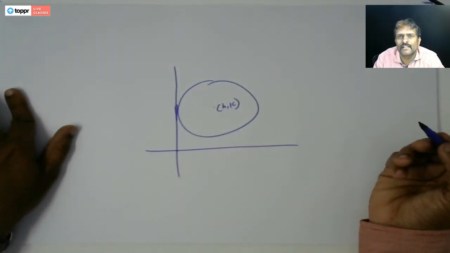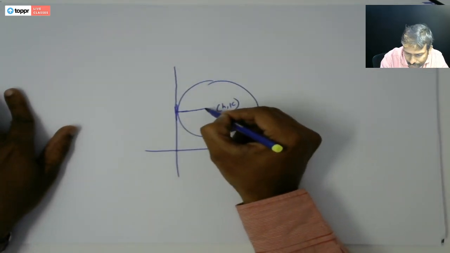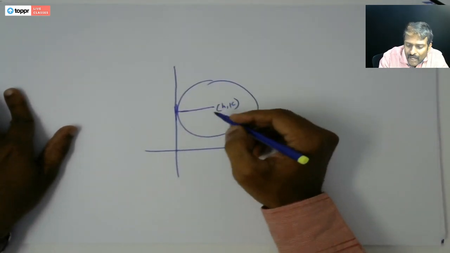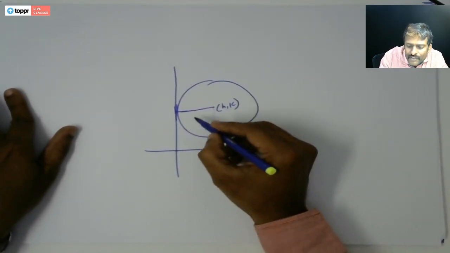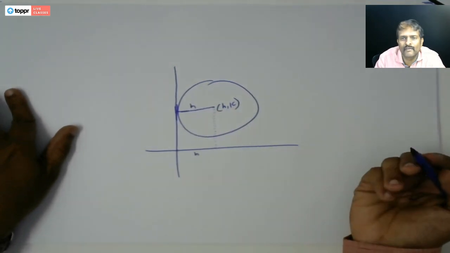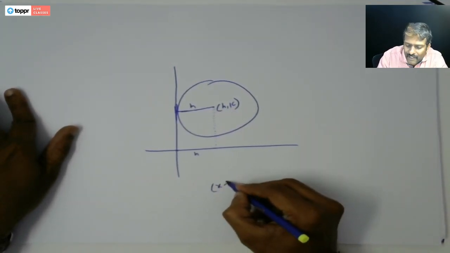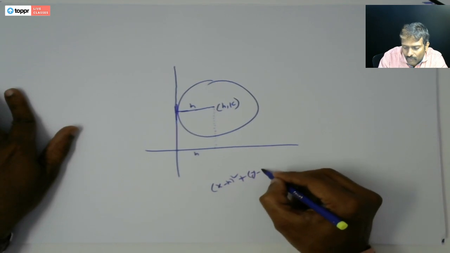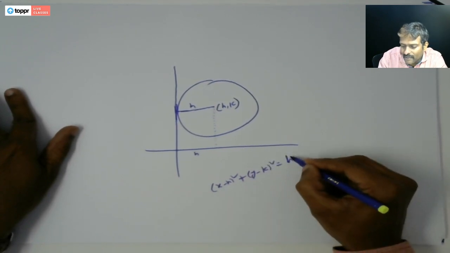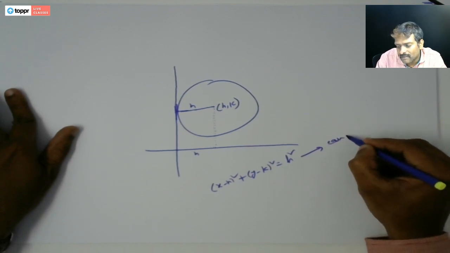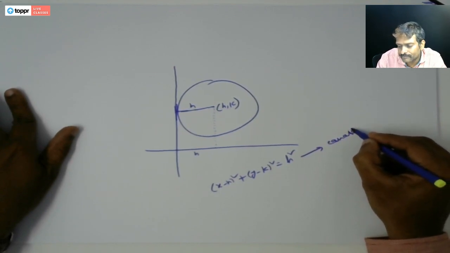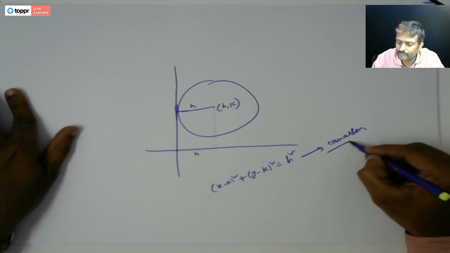This time it's touching the y-axis. Now the radius here will be nothing but the x coordinate, which is h, right? So simply you can say x minus h whole square plus y minus k whole square is equal to h square is the equation of the circle.